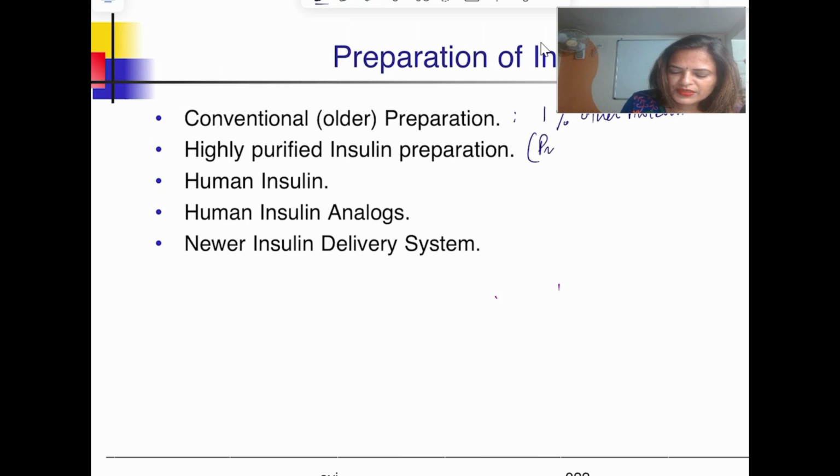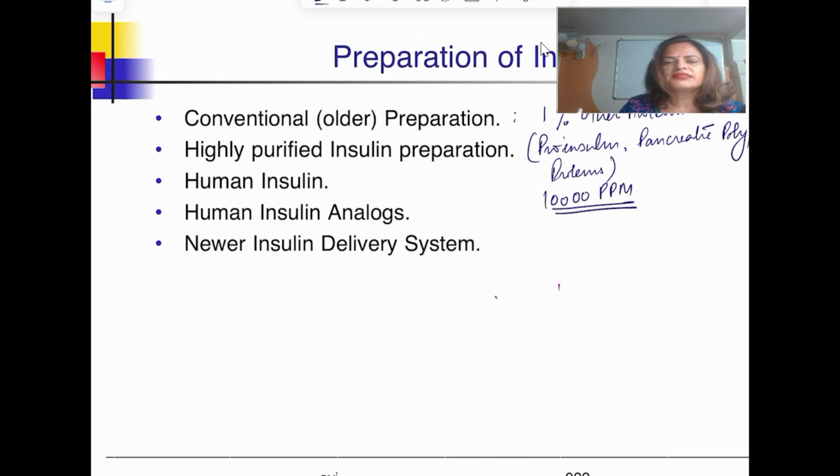We have proinsulin, then pancreatic polypeptide, and various other proteins. These are about 10,000 parts per million, and they exert antigenic property. Because of that, this has been replaced.